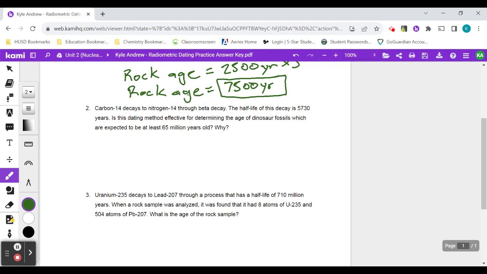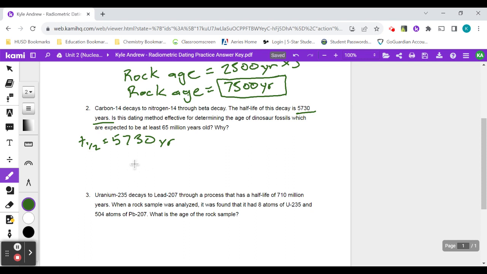So this goes back to a point that was made in the presentation, and that is all these radiometric dating methods are only good for 10 half-lives, because after 10 half-lives, you have less than 0.1% of the parent left. So what we need to do is take the half-life, which is t to the 1/2 is equal to 5,730 years, and then multiply it by 10.